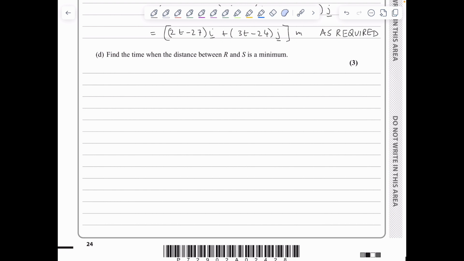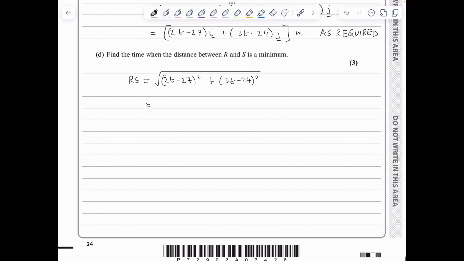And finally, we need to find the time when the distance between R and S is a minimum. So I will start by finding the distance between R and S as a function of t. So I will be considering the magnitude of the vector we have found in part C. This is simply going to be 2t minus 27 squared plus 3t minus 24 squared and all square root. So I will expand this.